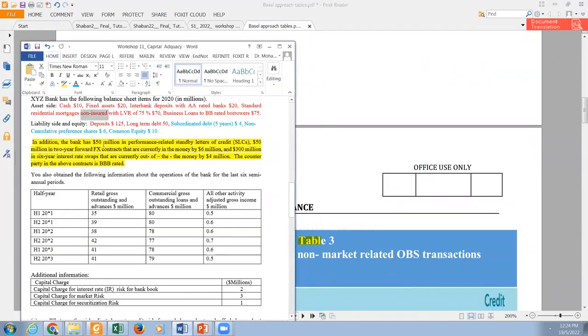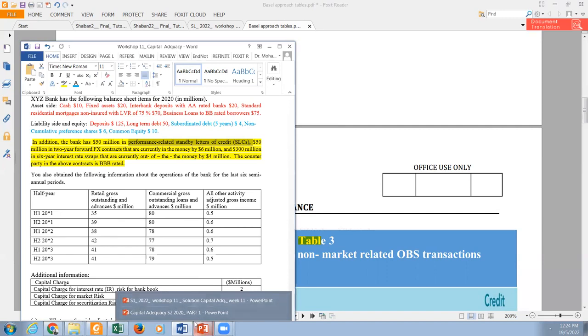So in addition, the bank has a 50 million performance-related standby letter of credit. This is non-market related standby letter of credit. Let's deal with this one. It's 50 million. And we will go to table 3.